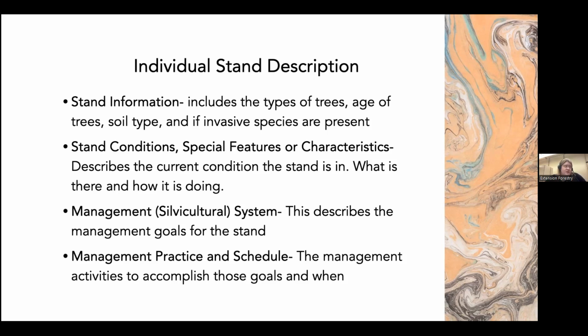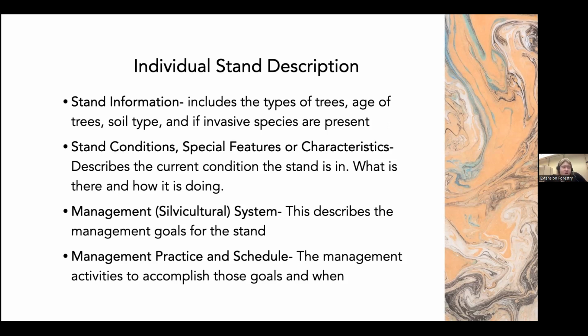Basically, in your stand, you are going to have just general stand information. So what species do you have there? How old are they? What is the soil type? Maybe are there invasive species present? That's going to be your general stand information.